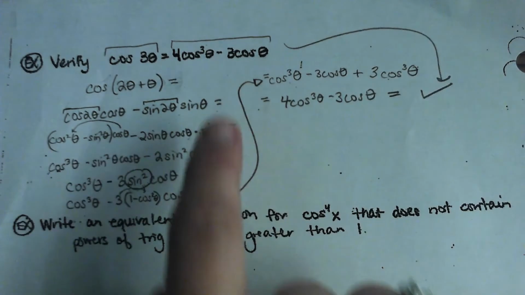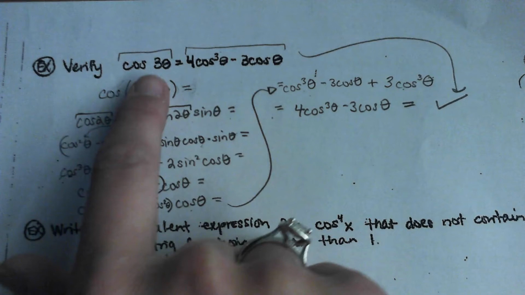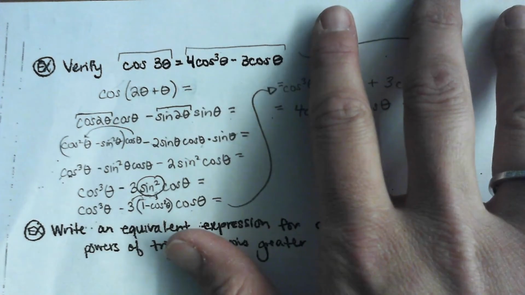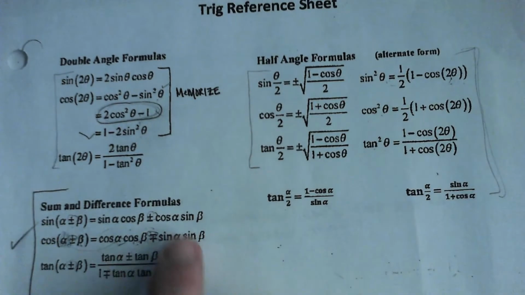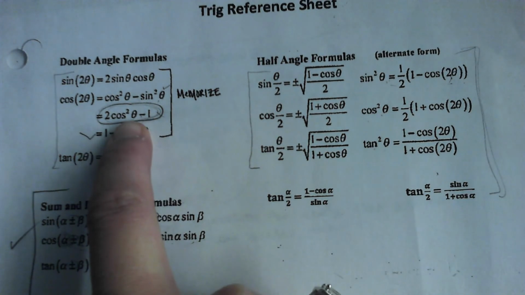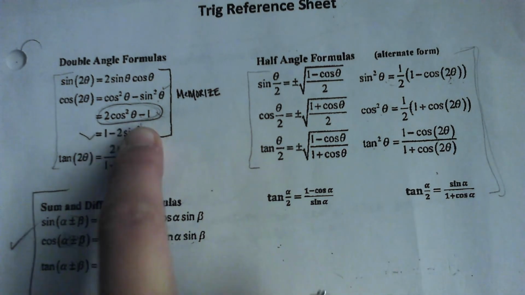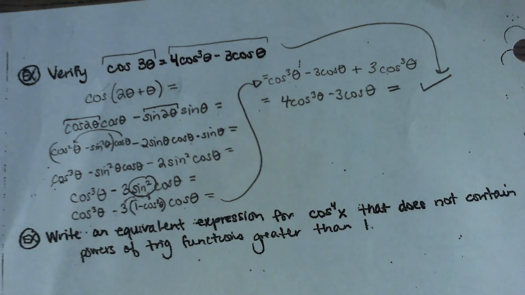Based on where we were trying to go, we were trying to get the left side to match the right side, and the right side was all cosines. It probably would have been wiser to use the second one, because that one's all cosines already. Again, it doesn't make or break it. You can usually still iron it out, but you would find it simpler, I think, if you had done it that way.